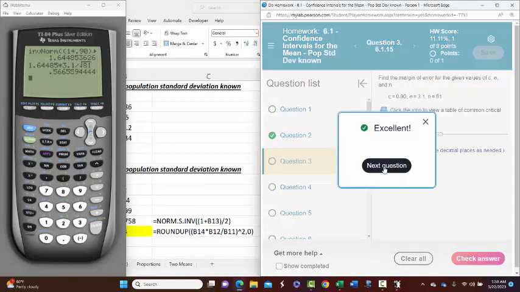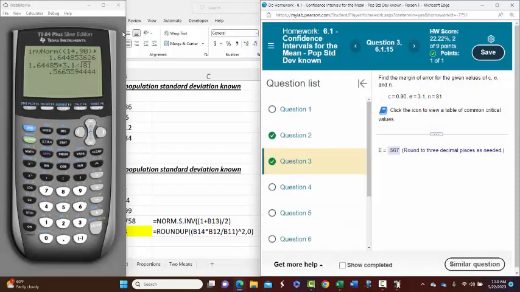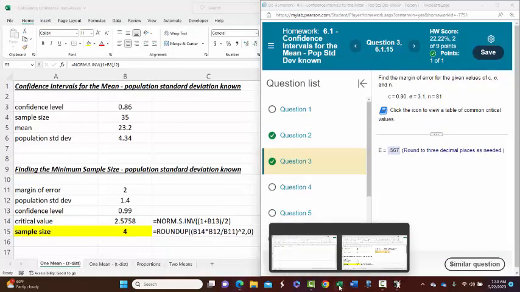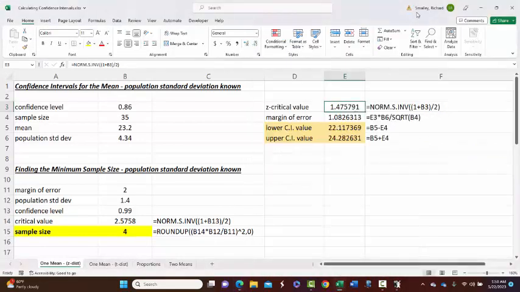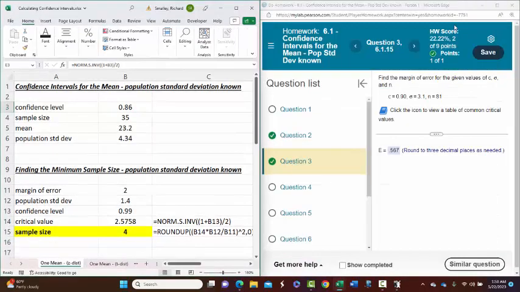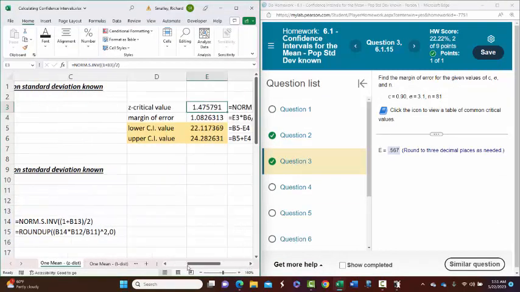Excellent. I don't want to go off this question because I'm about to put the same thing. I want to minimize this. I'm going to put this on the left screen. Now, I'll have to scroll over here. That's okay. You know, there's margin of error over there.